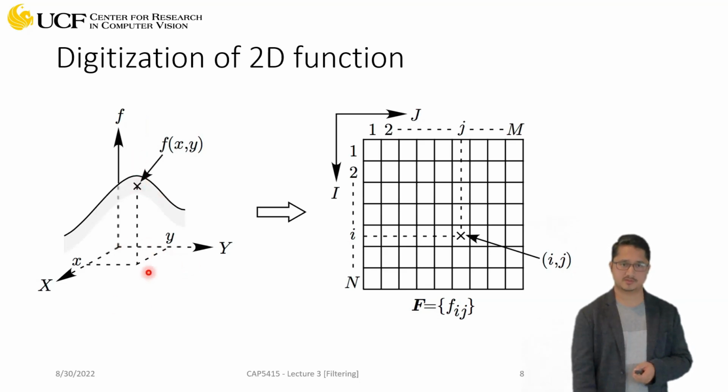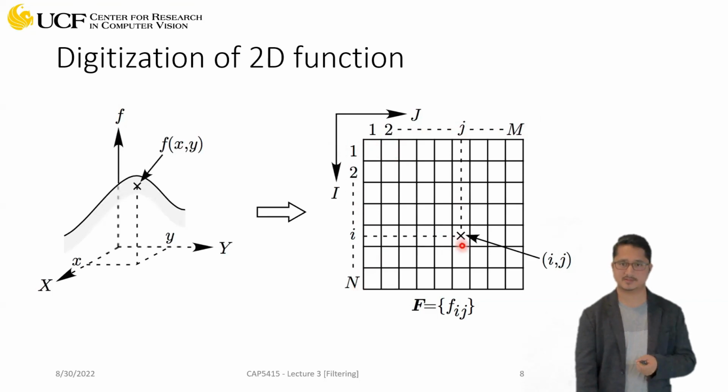And if you try to represent that as a matrix over here, what this means is you are dividing that continuous space into this kind of grid. Okay, so in this grid, your x-axis and y-axis will have only discrete values. Let's say 1, 2, 3, 4 all the way up to m, and 1, 2, 3, 4 all the way up to n.